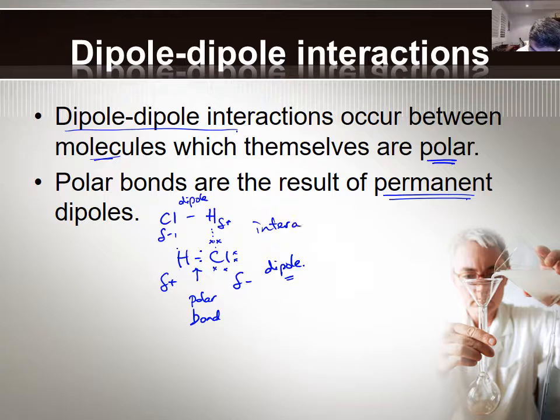and hence this term. Now, one of the important things that we want to just remind ourselves is that the fact that we've looked at hydrogen bonding, which this is another example of, hydrogen bonding is a subset of the dipole-dipole interaction.